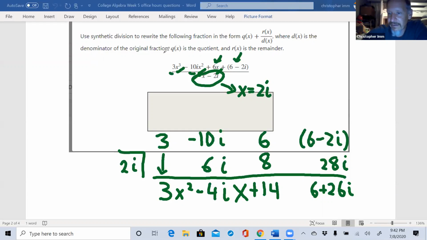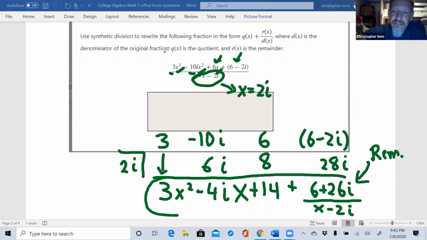And this is our remainder here. If that remainder is 0, that means 2i is a 0. Well, it's not in this case. So when we have a remainder, we add that remainder over the original divisor, which was x minus 2i.